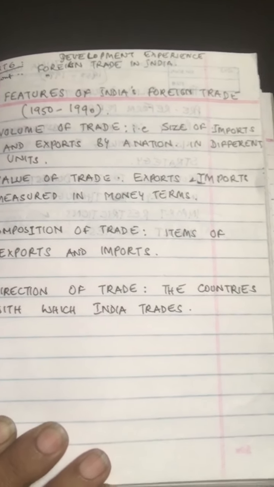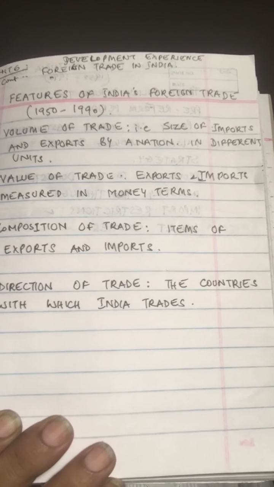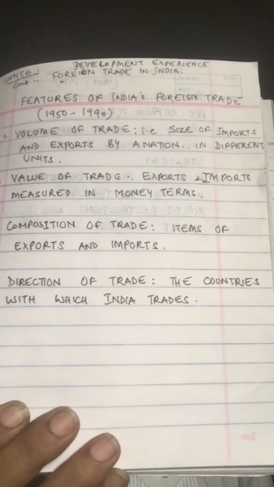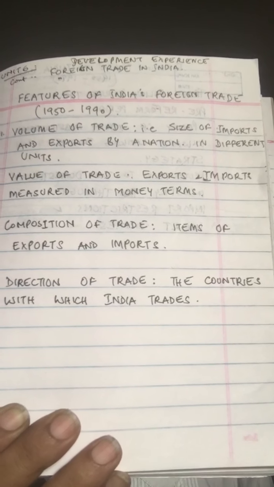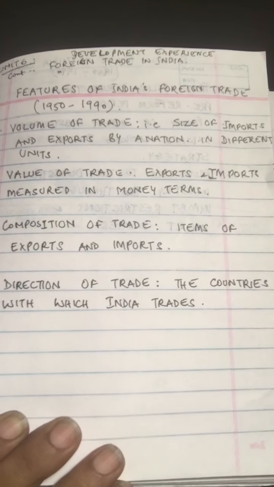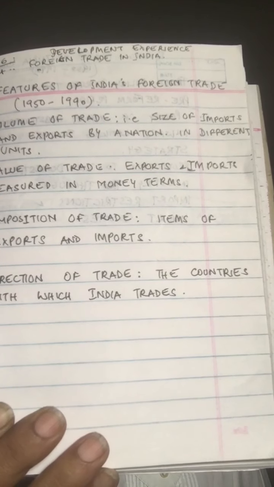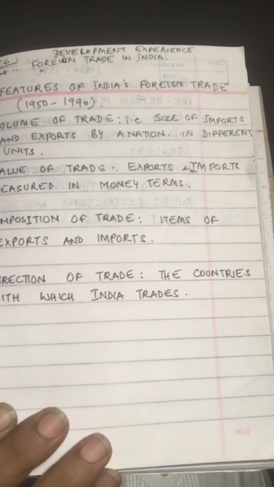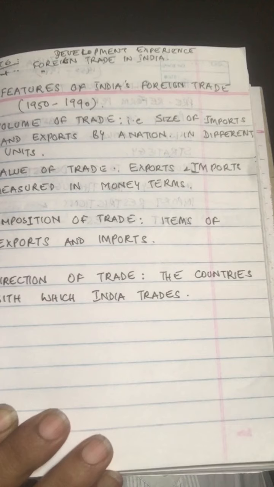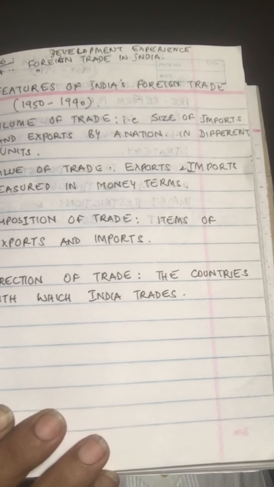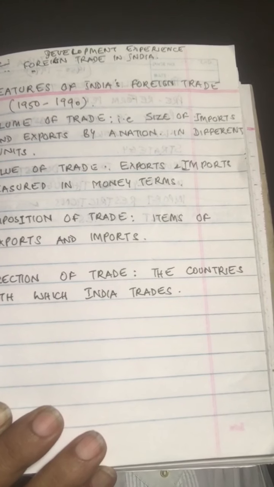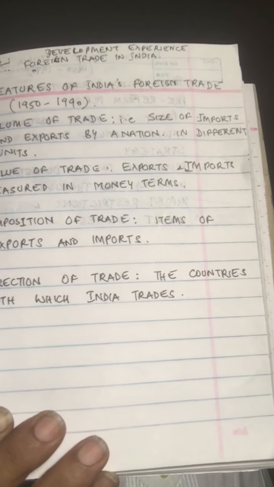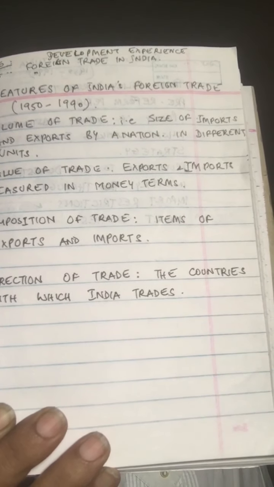Now let's come to the composition of trade. It refers to the type of goods that are exported and imported. A good thing was that the share of manufactures in the country's exports increased, whereas that of agriculture and allied products declined during this period.